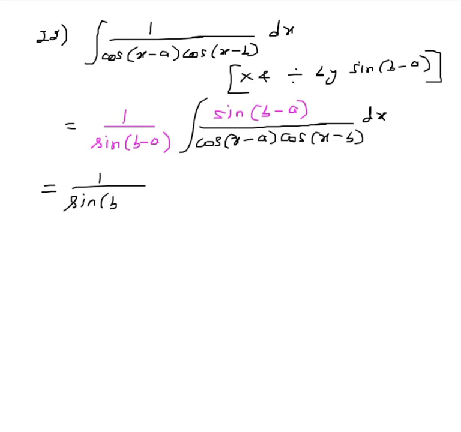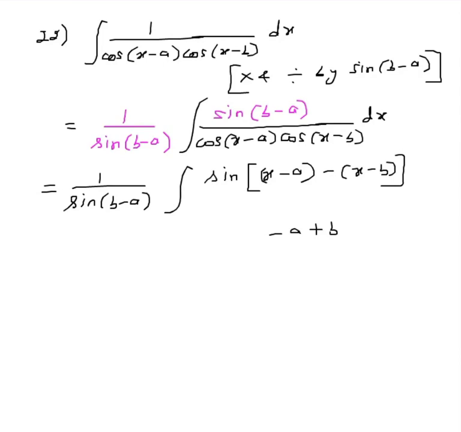1 divided by sine of (b minus a). Now the numerator sine of (b minus a) can be written as sine of ((x minus a) minus (x minus b)). Open the brackets and check. X gets cancelled. Minus a plus b you get, which is b minus a.